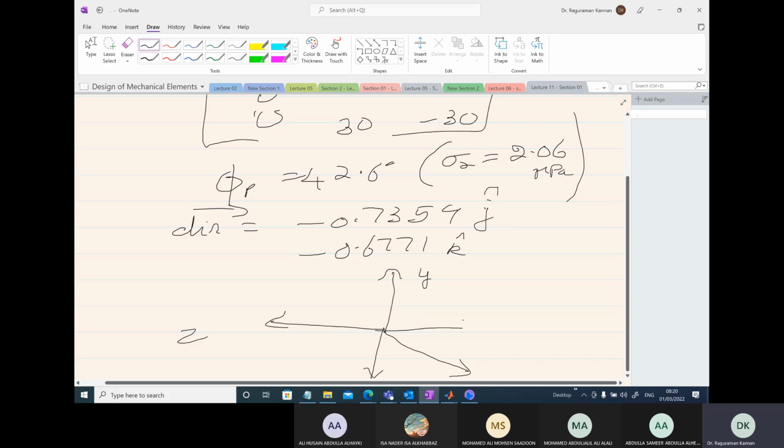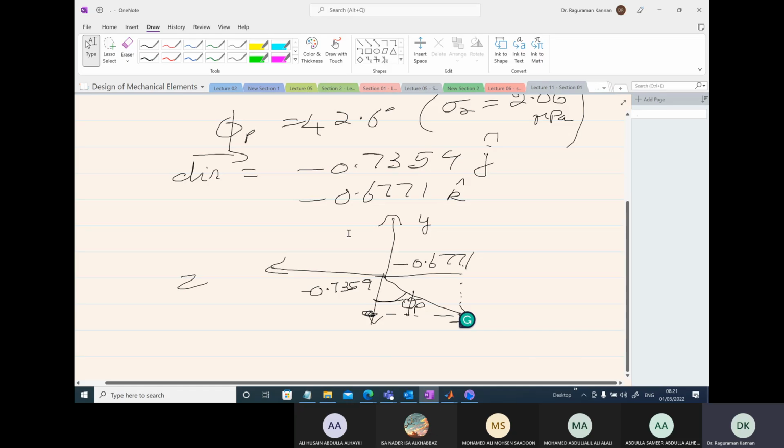The y value corresponds to negative 0.7359, and the z value corresponds to minus 0.6771. If you want the angle corresponding to the y-axis, we can get this particular angle. So let's calculate the angle phi p here.